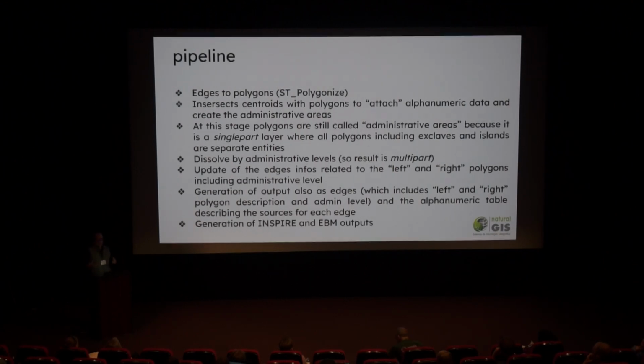At this level, every polygon is a separate entity, so exclaves and islands are still separate from their main polygon, so then we make everything multi-part as it has to be. Then there is an update process of the information associated with the edges, and then there are the scripts and routines that generate the output.